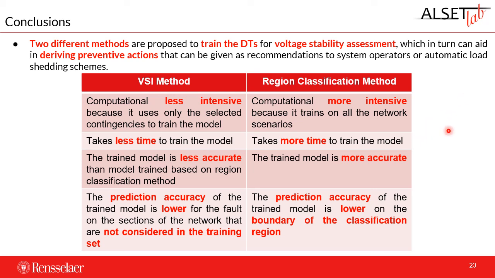It takes a lot of time to train, but the trained model therefore is more accurate. The prediction accuracy of the trained model is lower on the boundary of the classification region, but that can be further improved by adding more granularity in the way that the training is done.